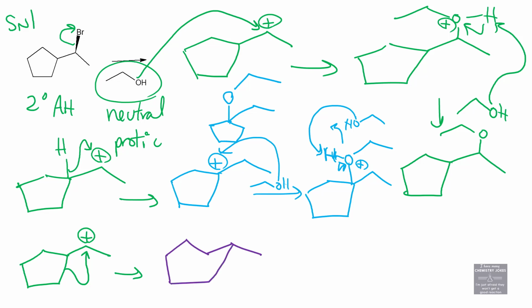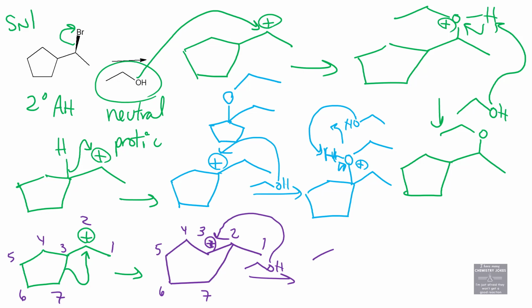Do you have to draw the ring shift in this orientation? No, but I think it's helpful to see why carbon number 3 is the carbon that has the positive. Ethanol attacks the carbon number 3 carbocation.